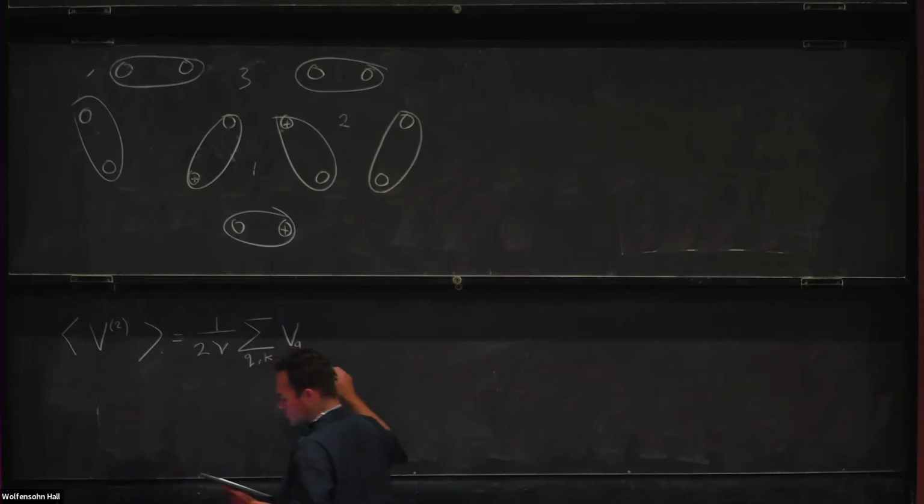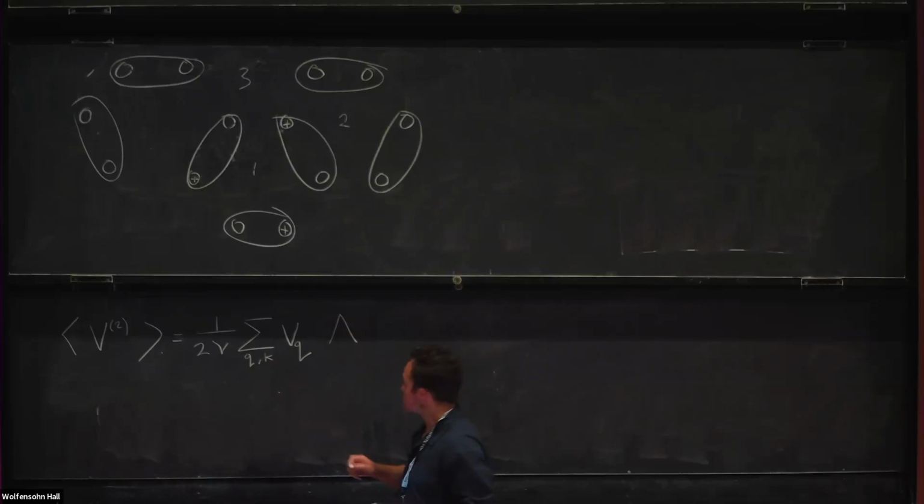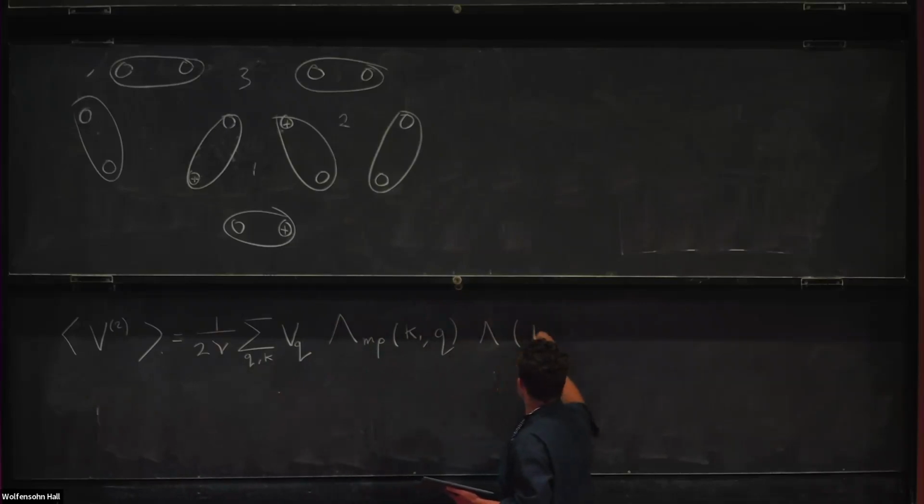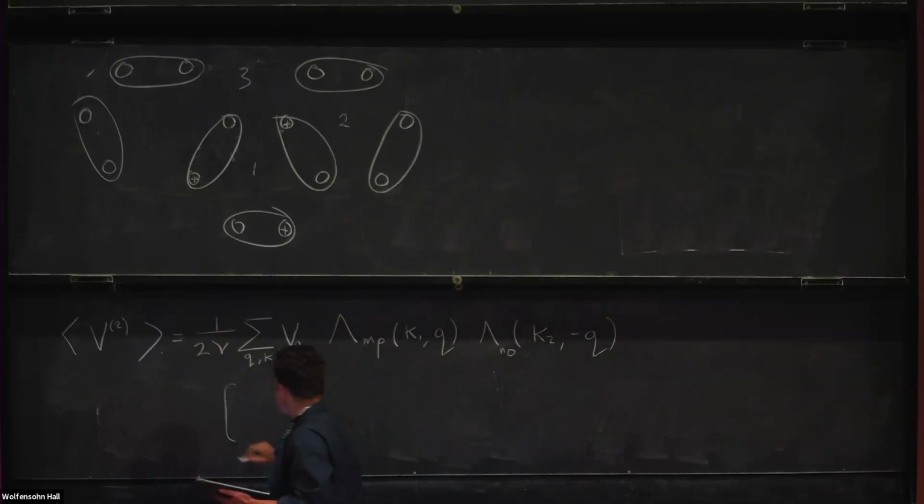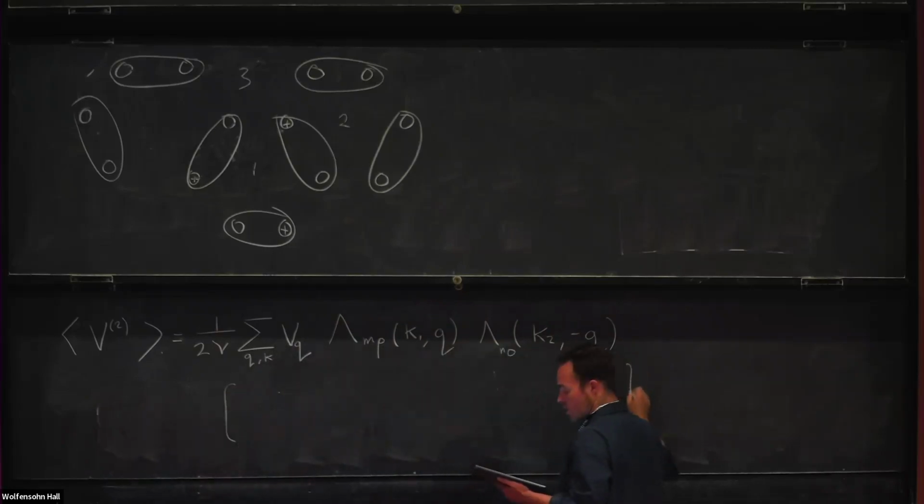Because there's two factors of the density operator, the form factor is going to show up twice, once for n of q, and then once for negative q. And then I'm going to have a Hartree and a Fock type expectation value.